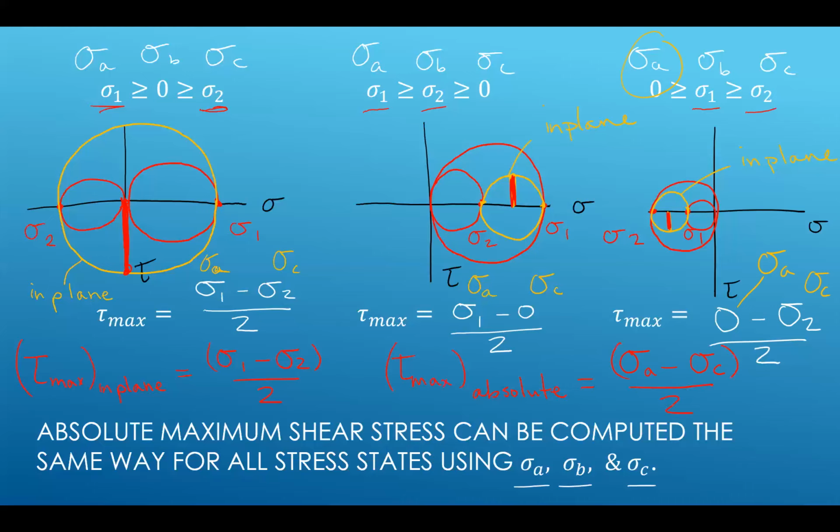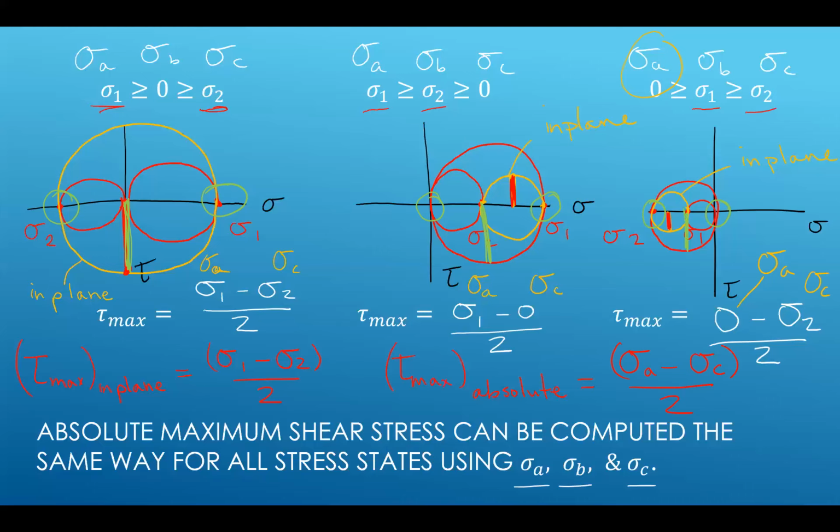And that's a fancy way of saying that you take the largest value of your principal stress, and you subtract the smallest value and divide by 2 to get the radius of that overall largest circle. So here you take the largest principal stress minus the smallest and divide by 2 to get that radius.